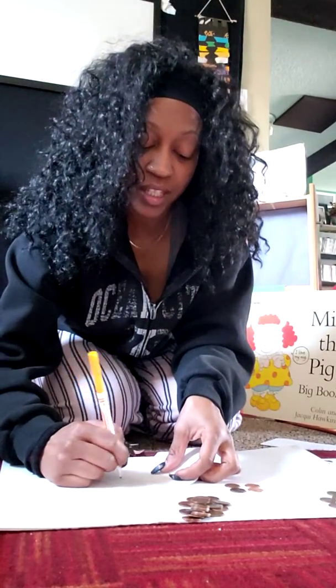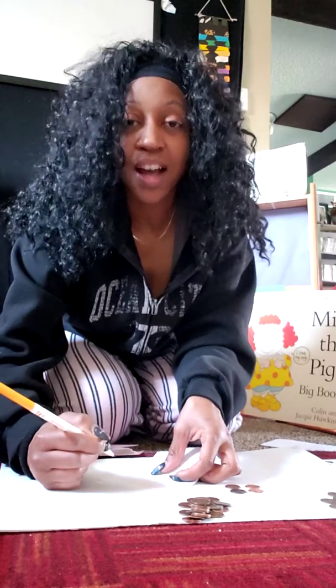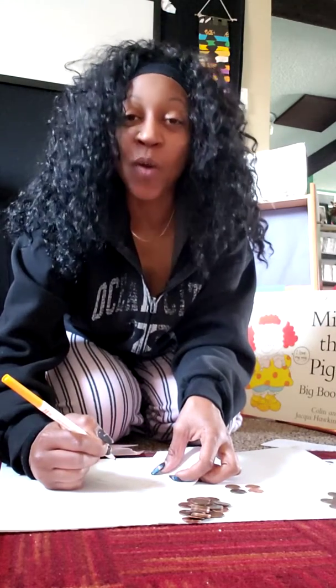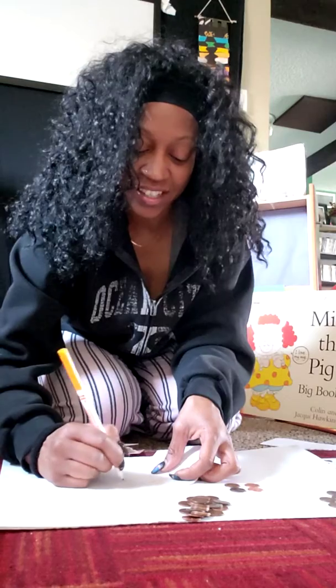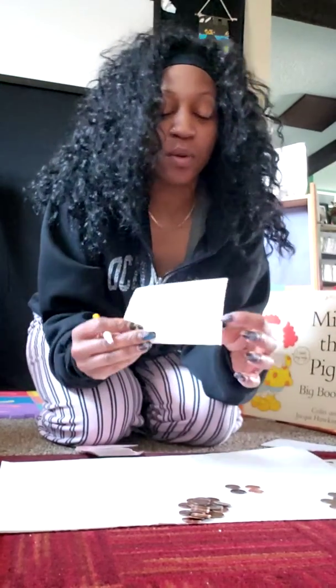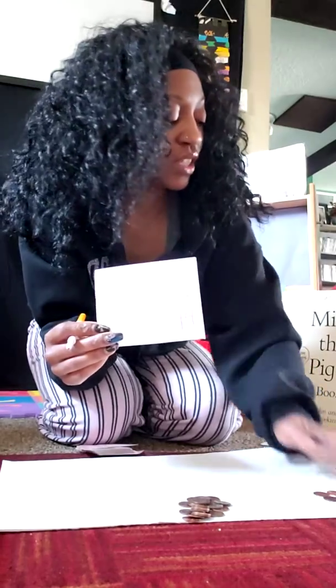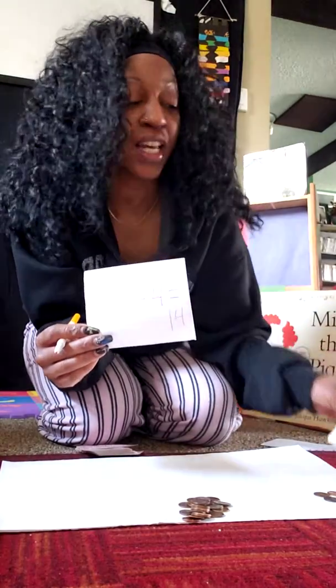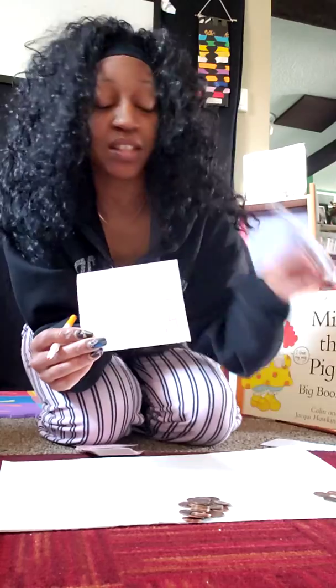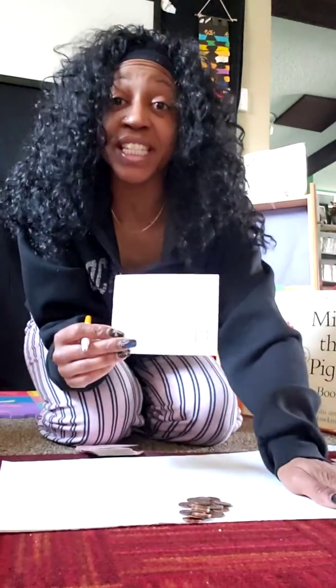How do we write 14? Yeah, you're right. A 1 and a 4. 1 and a 4 is 14. So now the person who had the greater number of 10 gets to take the cards and the 14 cents.